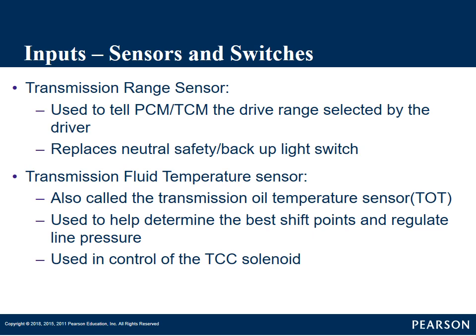If the transmission gets too hot, many times they'll disengage overdrive. Okay? Because in overdrive, it puts greater load on the engine, on the transmission, with a greater risk of it slipping and creating heat. So they will disengage overdrive on many transmissions if the temperature gets too high.